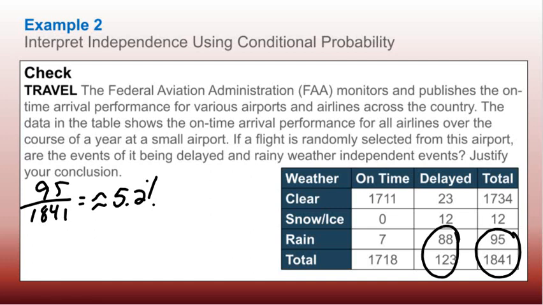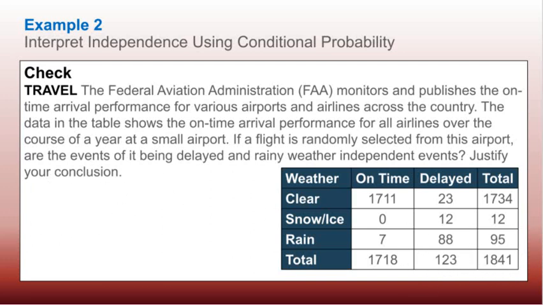So then I would do 88 divided by 123. Actually, I had the numbers wrong on that one. Let me go back to the probability of getting delayed. There are a total of 123 that are delayed out of 1,841. So I'm going to do 123 out of 1841. So 123 divided by 1841 times 100 gives us roughly 6.7%.